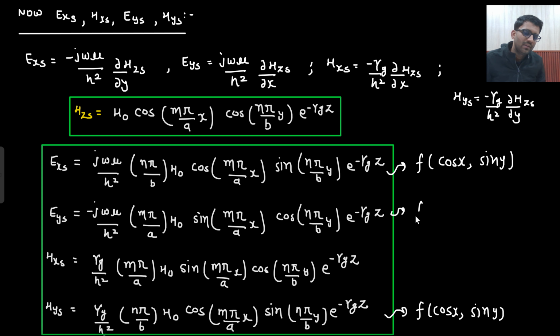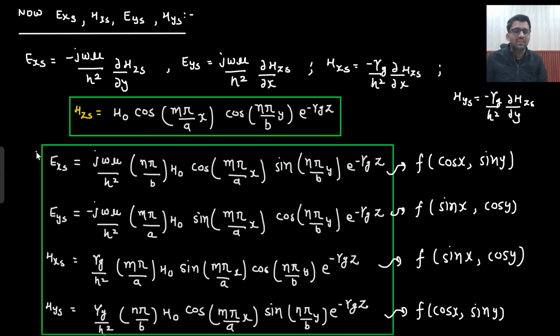Here this is a function of sin x cos y, and this is a function of sin x cos y. So if you just remember this thing, then all the things will come to you on their own. Ex, Hy, Ey, Hx. Ex is cos x sin y, so Ey is sin x cos y.